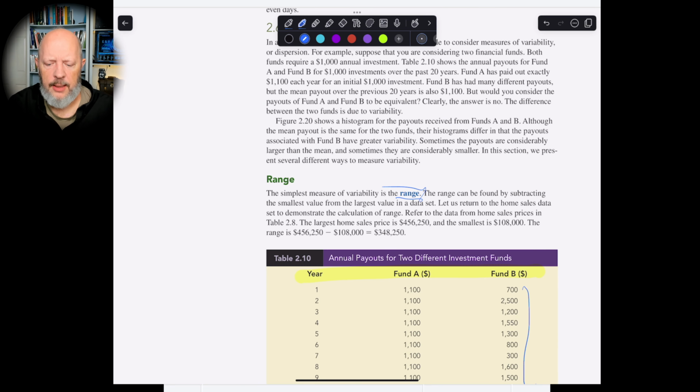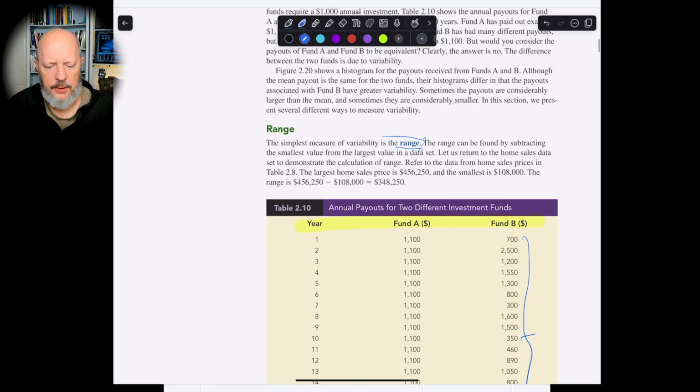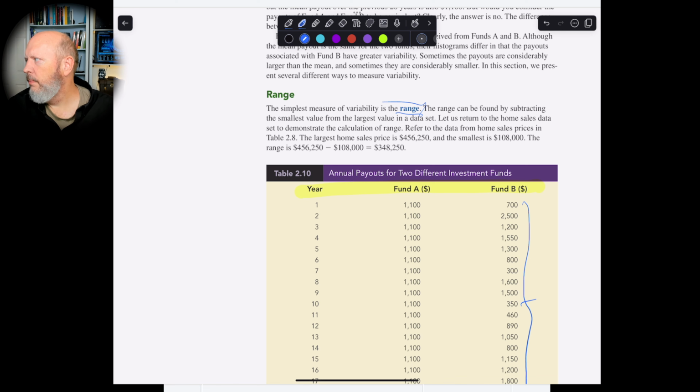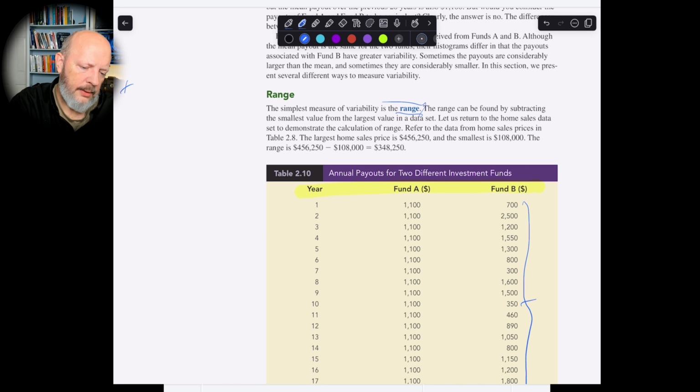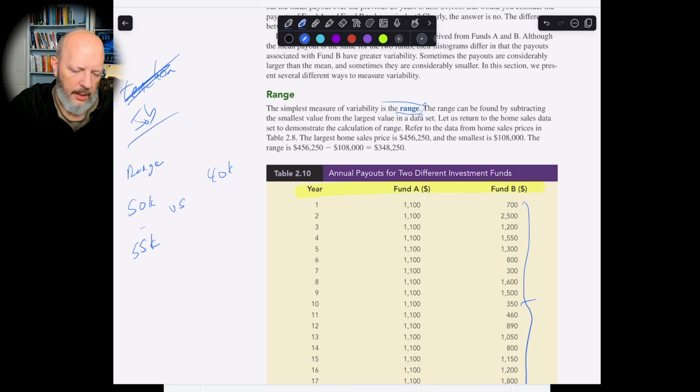So the range gives you the start to finish. Let's even do a job. Let's say you had a job and the range of salaries was 50K to 55K, versus another job which was 40K to 160K.